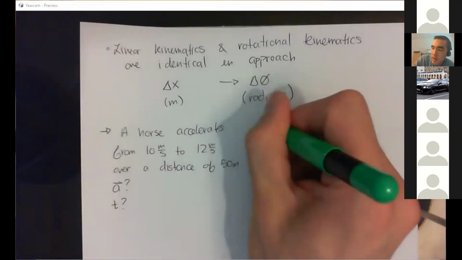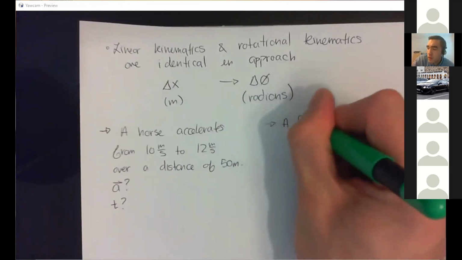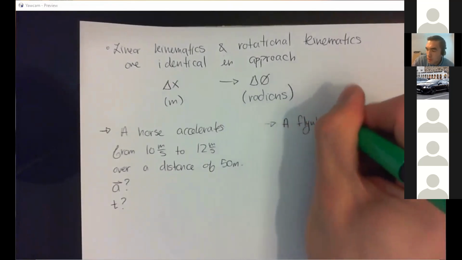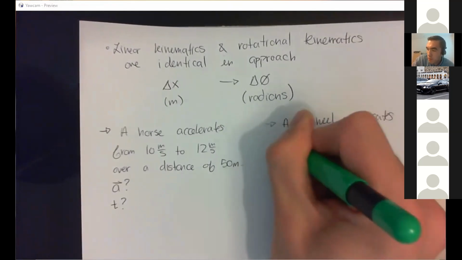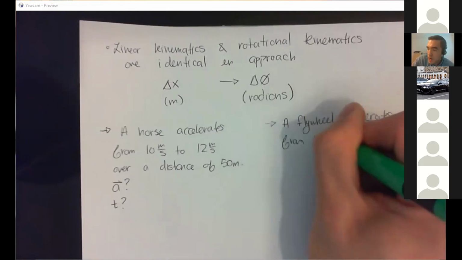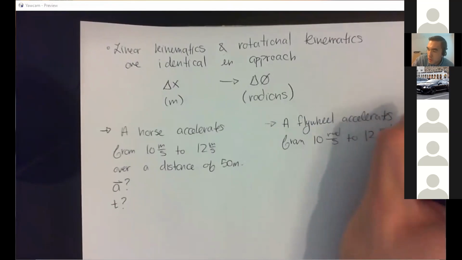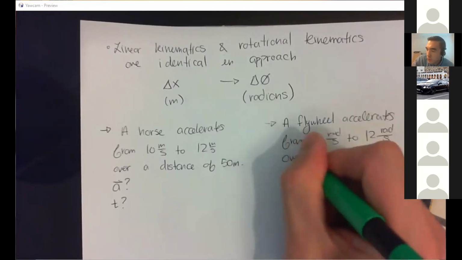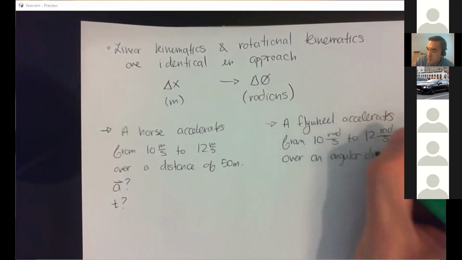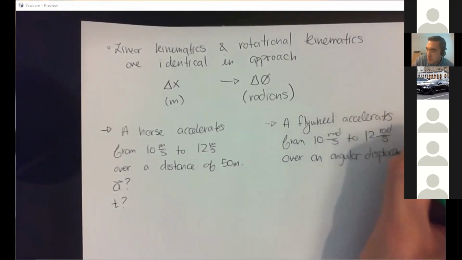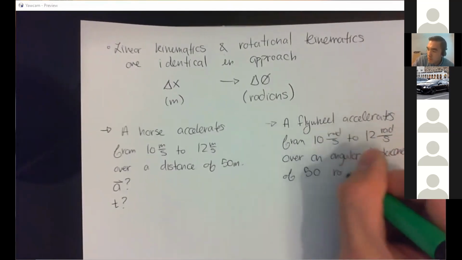And so this is the exact same problem in structure as the following question. A flywheel accelerates from 10 radians per second to 12 radians per second over an angular displacement of 50 radians.